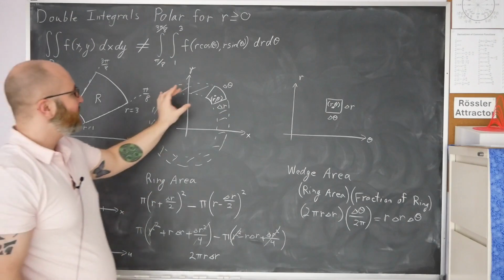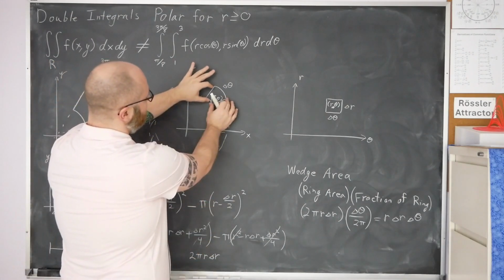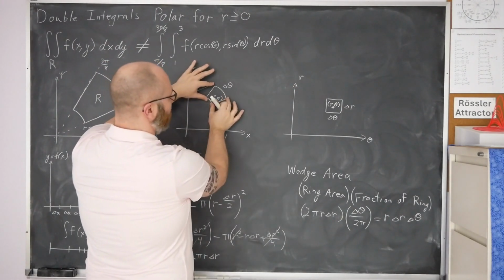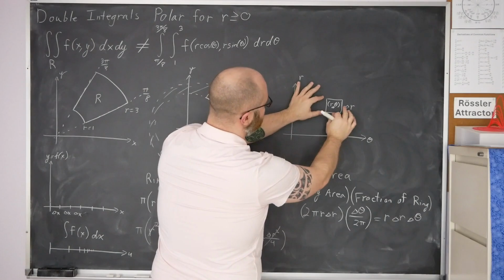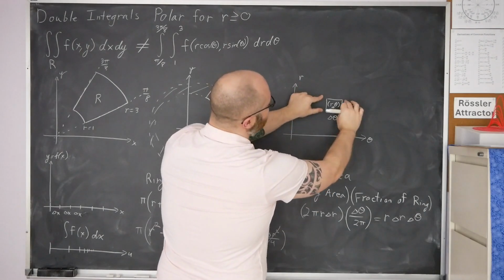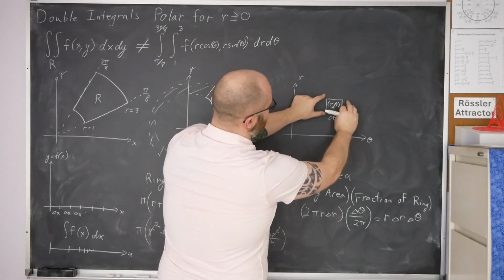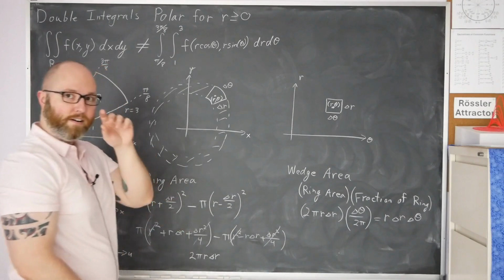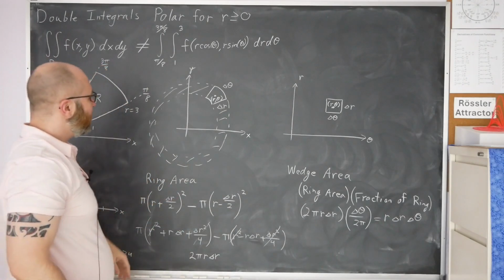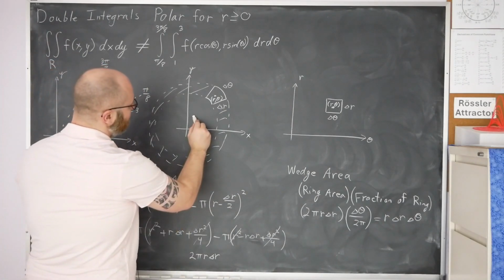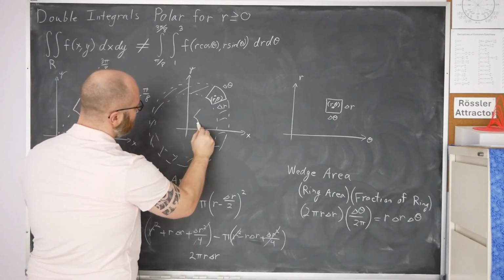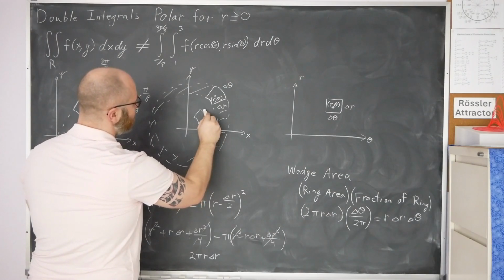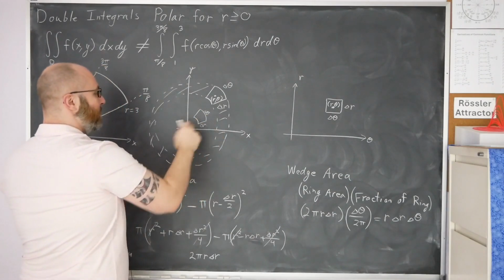So whenever I take a wedge over here and translate it into this coordinate system, I need to multiply this rectangle by r in order to get the same area as over here. Intuitively, the reason that works out is if I'm closer in here and I have the same delta r and the same delta theta, this is a much smaller wedge.